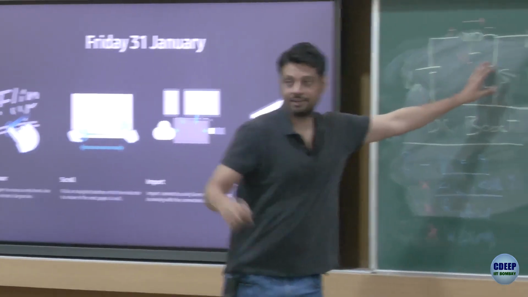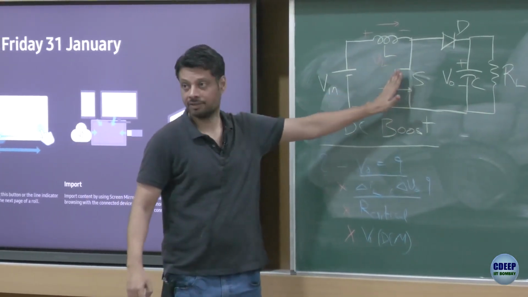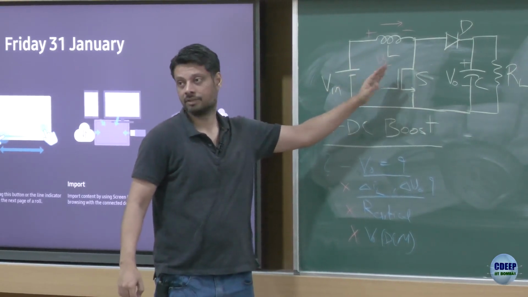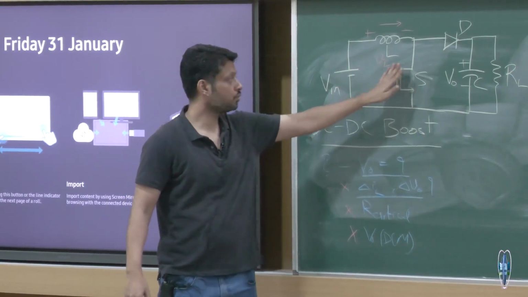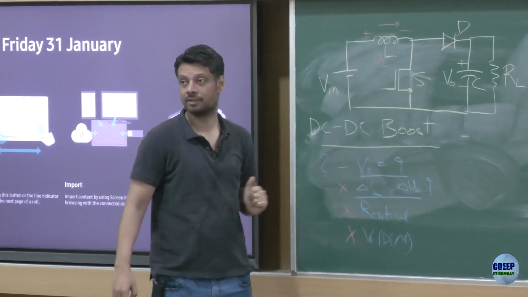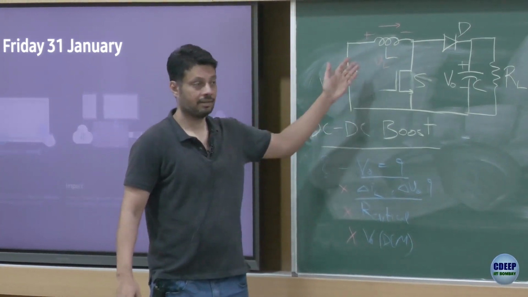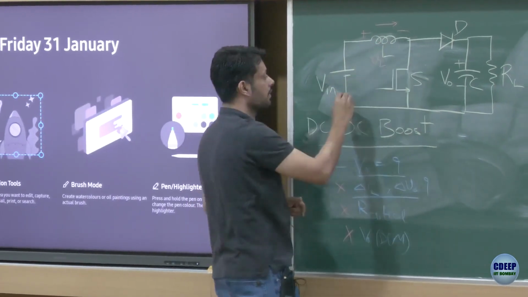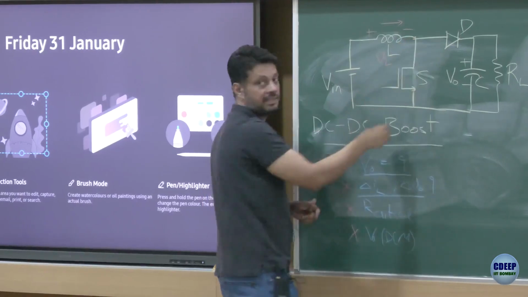When this switch is on, what is the voltage across the inductor? When this switch is on, voltage across inductor is V in, right? Because this is short circuit, so you can write KVL in this loop. So 0 plus V in minus VL is equal to 0, right?